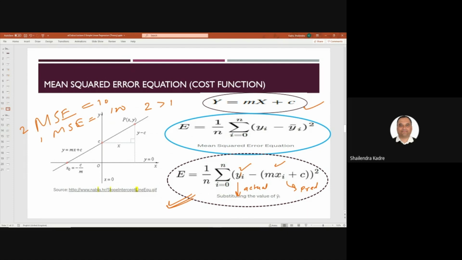So for a given data set, a model with less mean squared error is better. Listen carefully: for a given data set. For a given data set, a model with lesser mean squared value will be better. Understood?